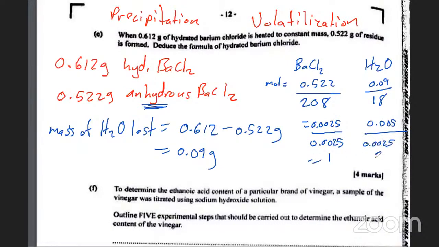This is 1 and this is 2. So the formula is BaCl2.2H2O. We have 2 moles of water in the salt. All right, and that is how you would do it.